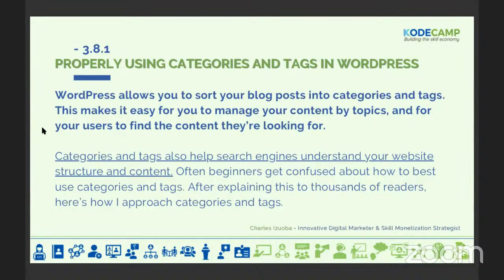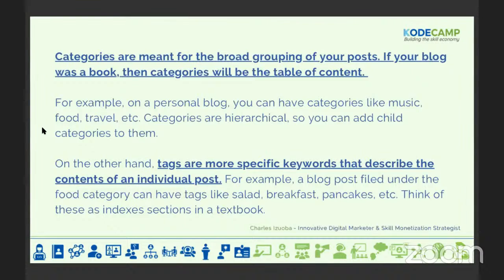So the simplest thing I tell them is, categories are meant for a broad grouping of your posts. For instance, if your blog was a book, remember before you read any book, within the first few pages, you are going to see the table of contents. That is your categories.